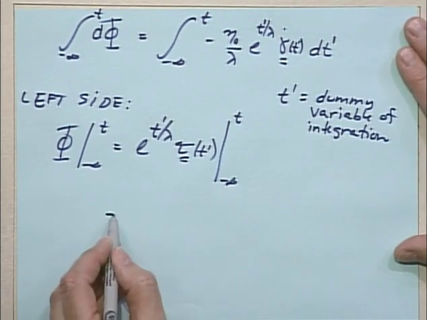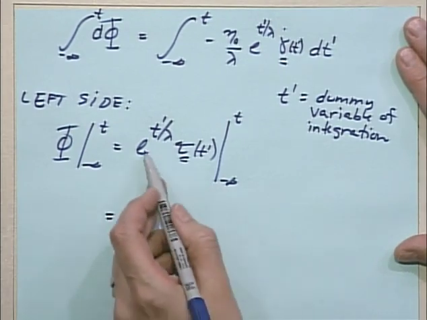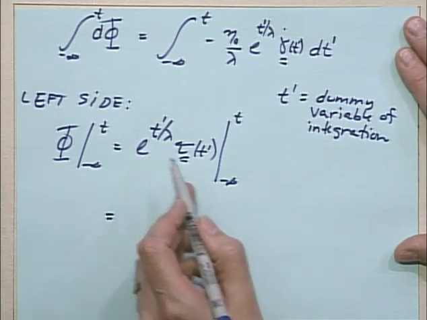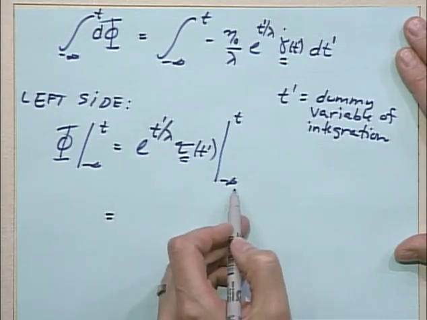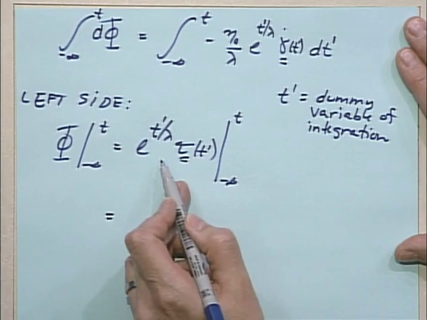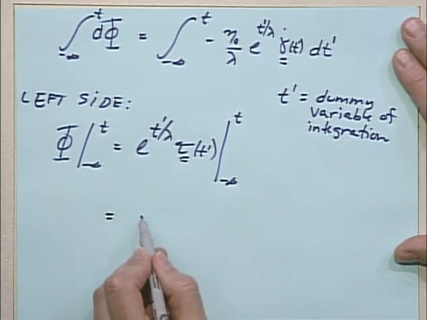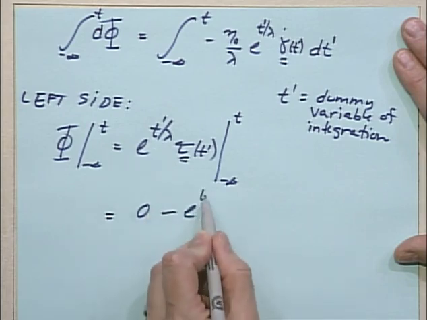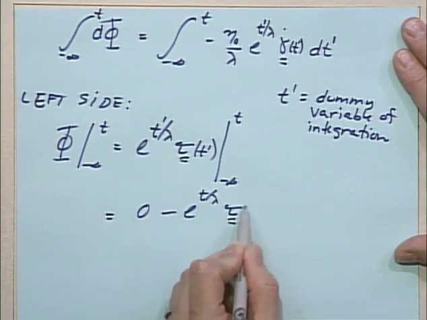And we can do this limit. At minus infinity, e to the minus infinity is 0. The stress at minus infinity is probably also 0, but it's certainly not infinite. So whatever it is, when I multiply it by minus infinity, I get 0. So I get 0 minus e to the t over lambda tau at the current time.